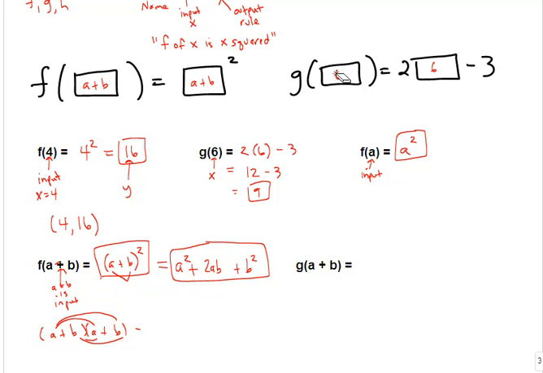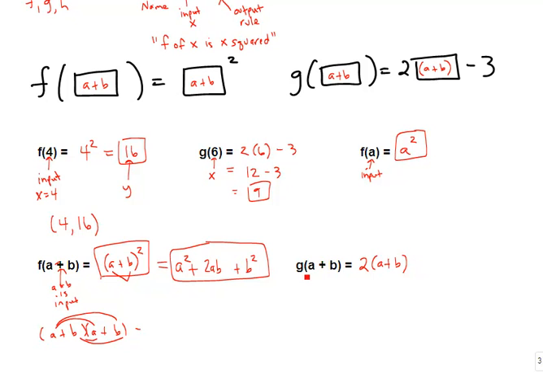Okay, so let's try another example with g, and this time we want g of the quantity a plus b. So a plus b is going to be our stuff, it's going to be our input. So in my rule for g, I'm going to be substituting in a plus b for this box. And when I do that, remember you want to wrap all of that stuff in parentheses so that when we do 2 times that input, we're remembering to distribute that 2 across later on.